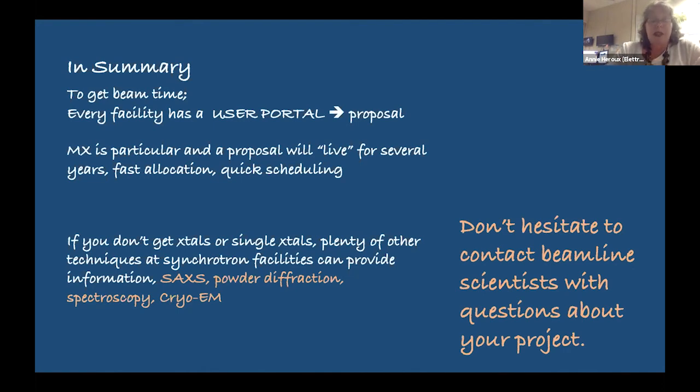If you don't have a single crystal, you can still get a lot of information by using other synchrotron techniques that will give you either complementary information or some very clear indication of why you cannot get single crystals.